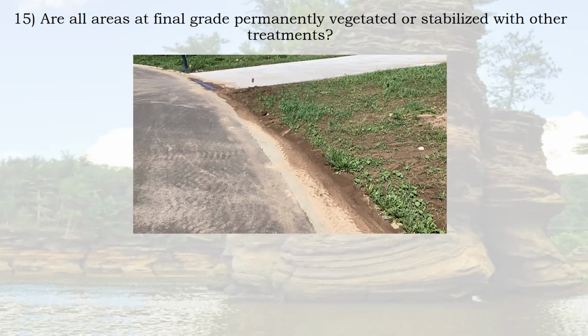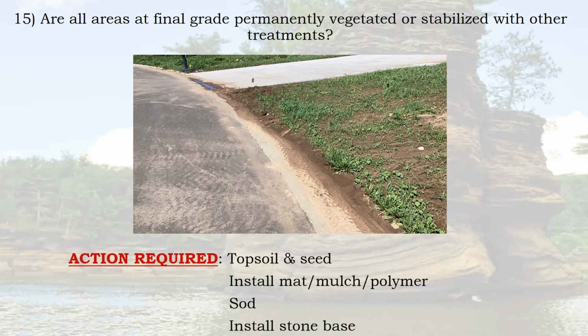We actually had one house where the entire backyard didn't have one blade of grass. It just had wild grasses and like bark and stuff like that, but they did account for their erosion control. So basically for this, you either need to get topsoil, install a mat or mulch, sod, or stone base.